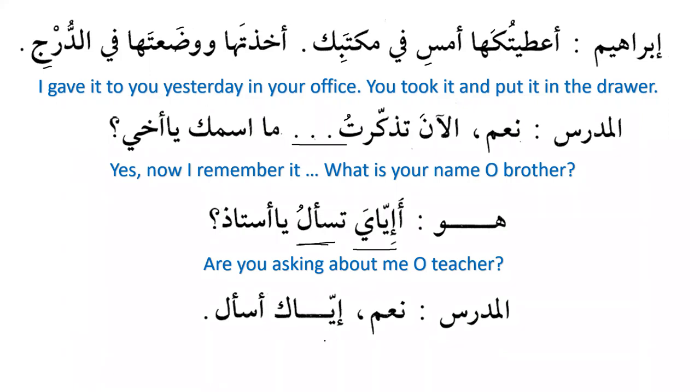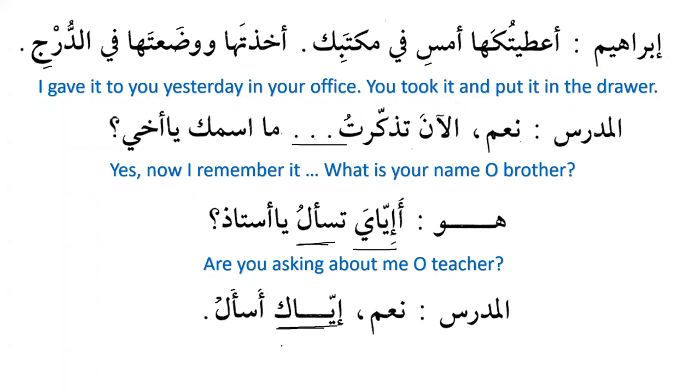The teacher: na'am, iyaka as'alu. So the teacher can also say as'alu iyaka, I'm asking about you. We know that as'alu is fail plus file and iyaka is maful bihi. Whether we bring them in the beginning of the sentence or put them after the verb, they will always remain as object pronouns.